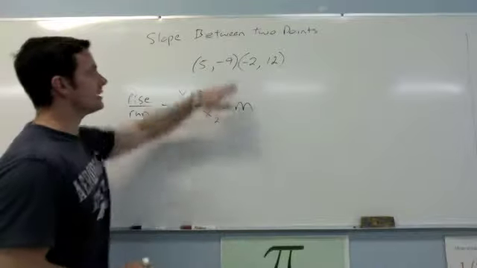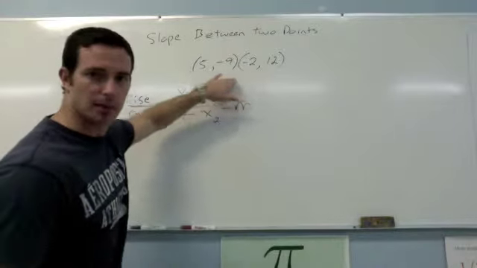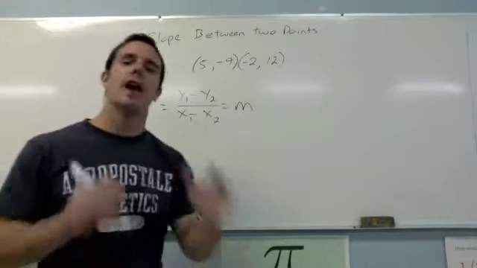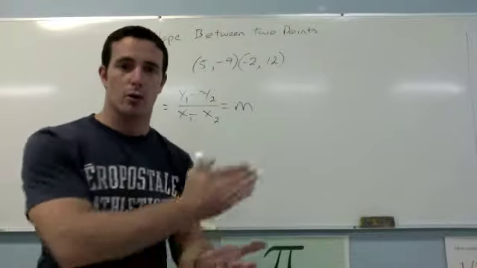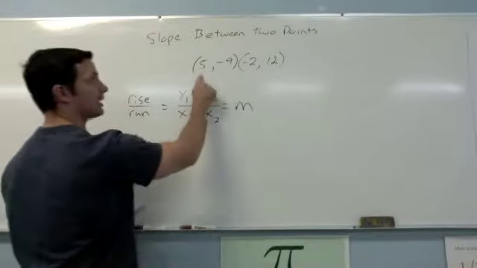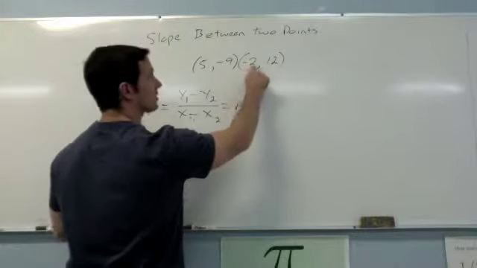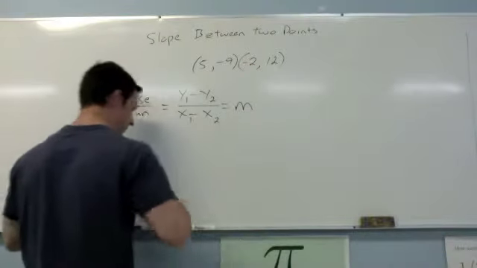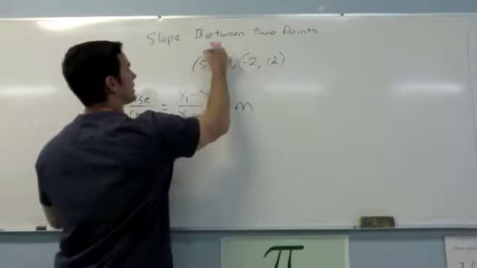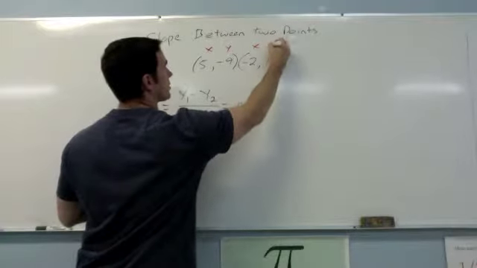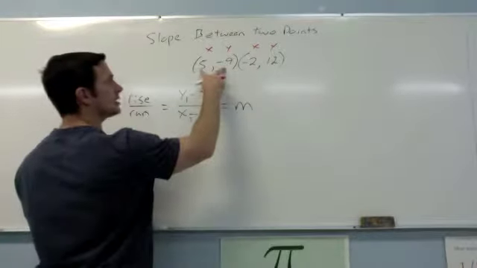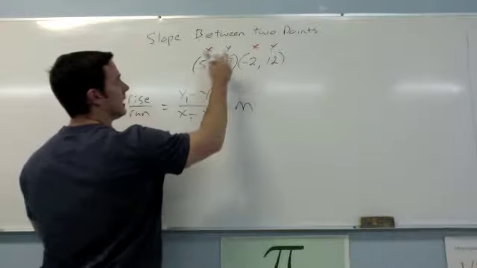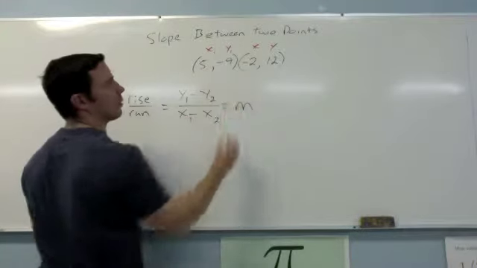Now, in your points, in case you sometimes forget, your values go in alphabetical order. It goes x, y, x, y. Okay? Write that in a different color. So x, y, x, y. And since these two are part of the first point, I'll call that x1 and y1.